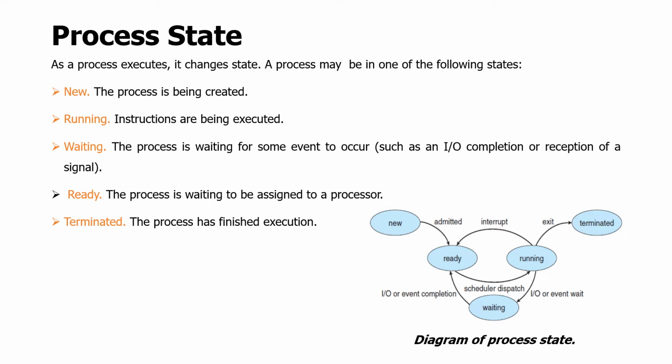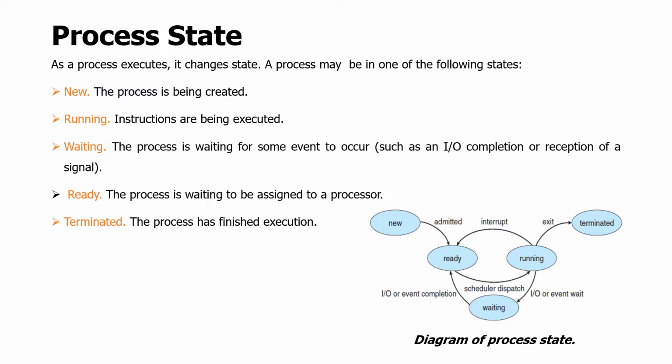There are various states associated with the process: new, running, waiting, ready and terminated. As a process executes, it changes states.